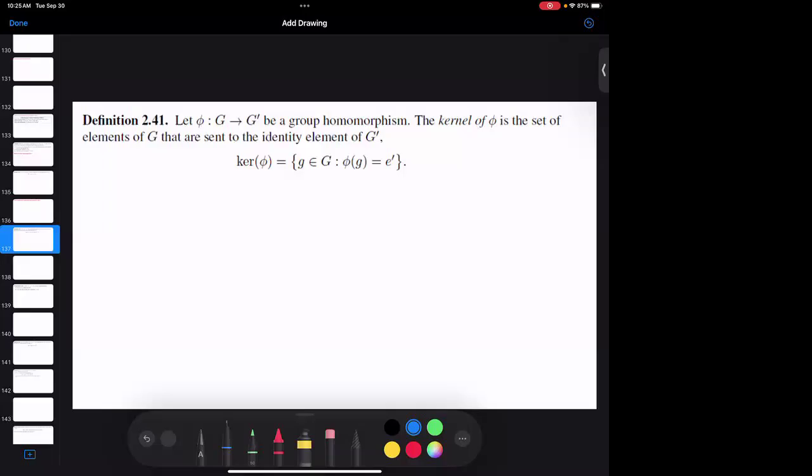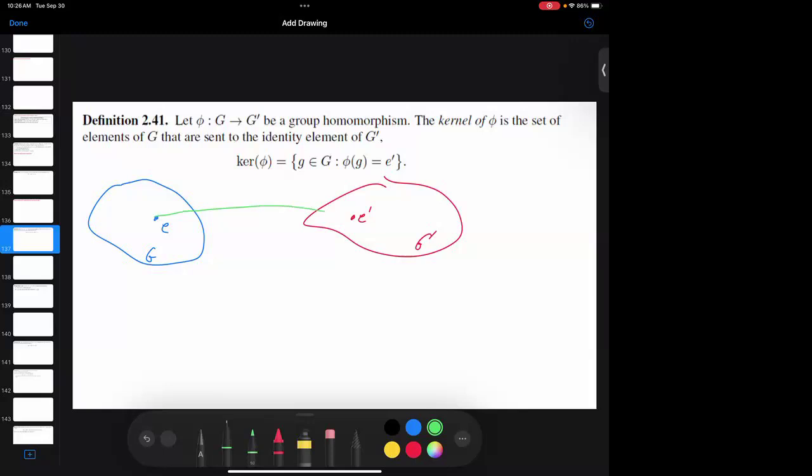So the kernel of phi is the set of all elements of G that are sent to the identity element of G prime. So let's draw a picture. So here is G. Here is G prime. It has some element e prime. And G has some element e. Can you give me something in G that's sent to the identity in G prime?